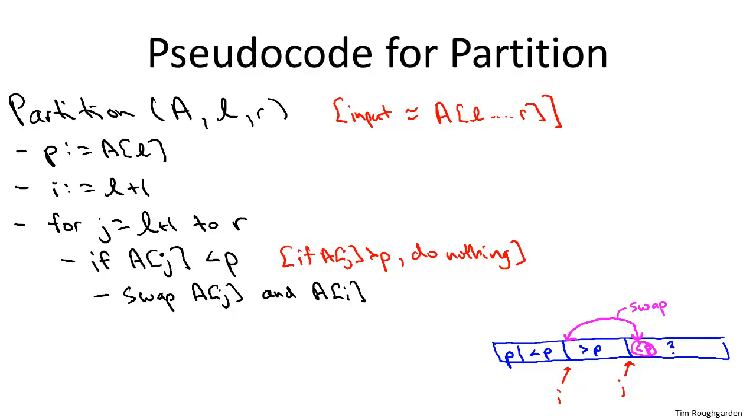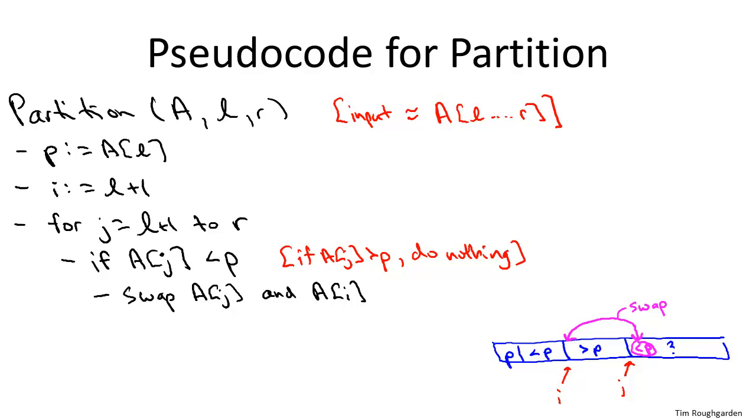So you could imagine a different implementation where you keep track of whether or not that's happened to avoid the redundant swaps. I'm just going to give you the simple pseudocode. And again, for intuition, you want to think about the case just like in the picture here in blue, where we've already seen some elements that are bigger than the pivot, and the next newly seen element is less than the pivot. That's really the key case here.